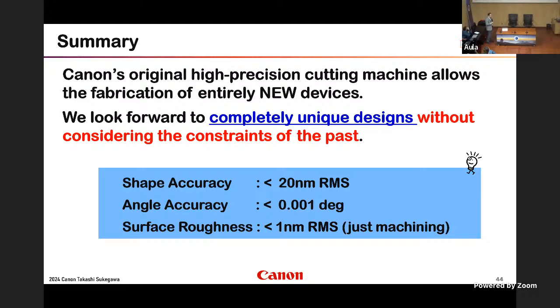Today's message is that you can now make optics just by machining, just cutting. No need for post-processing, as you can get in almost any optics. No need for polishing. The shape accuracy is a very nice number, and not only for optics but also for housings, mounts and assembly units made on our machine, because 200 millimeters plus or minus 50 nanometer accuracy is usually not achieved by any machine.